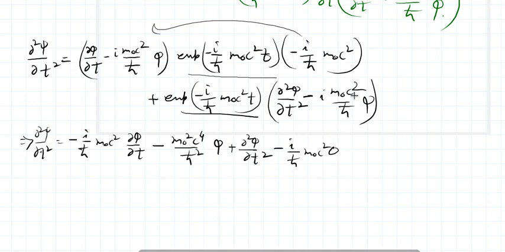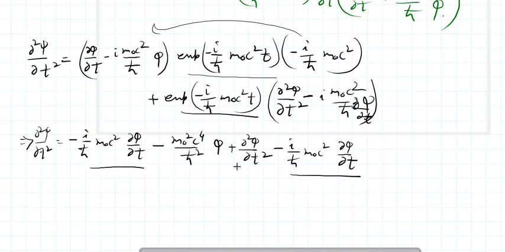Sorry, here I will take its derivative with ∂ψ/∂t; this should be there. So keeping this in mind, I can write it as ∂φ/∂t. These two terms look identical, and outside I can take the exponential term minus iota over ħ m₀c² t.